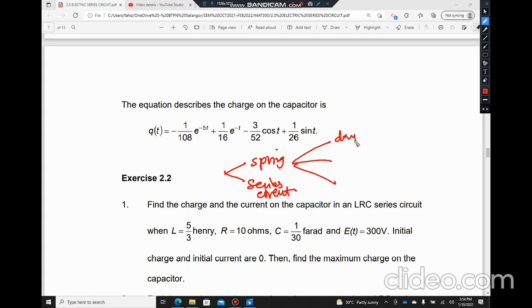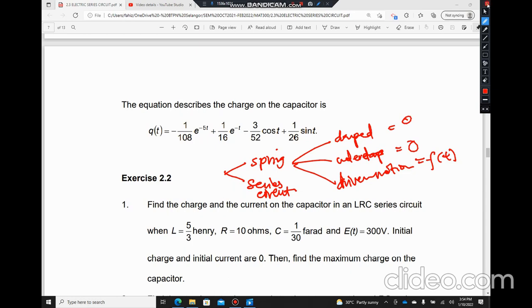Damped, undamped, underdamped, and then another one is driven motion. Yang ni yang ada F(t) tu dekat belakang. Okay, yang ni yang kosong, yang homogeneous. Yang ni adalah non-homogeneous. And then kita ada series circuit.